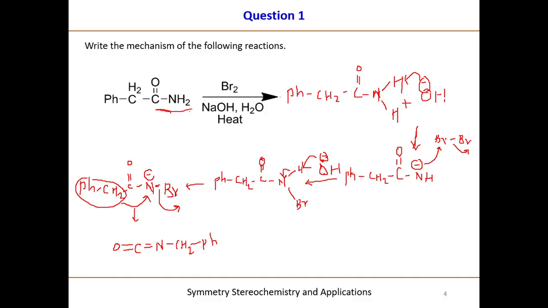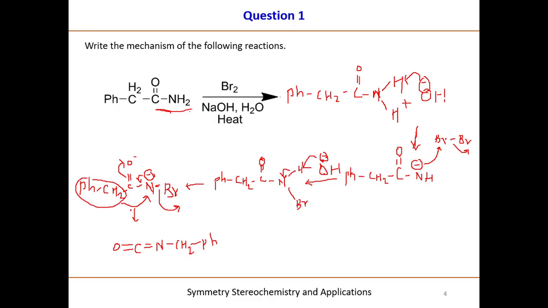Why am I writing here N double bond C? Here you can see that this N is negatively charged. So it can be written in an enolate kind of form, like this: nitrogen carbon forms a double bond and oxygen will carry the negative charge. In this way we can get the negative charge on the oxygen atom.